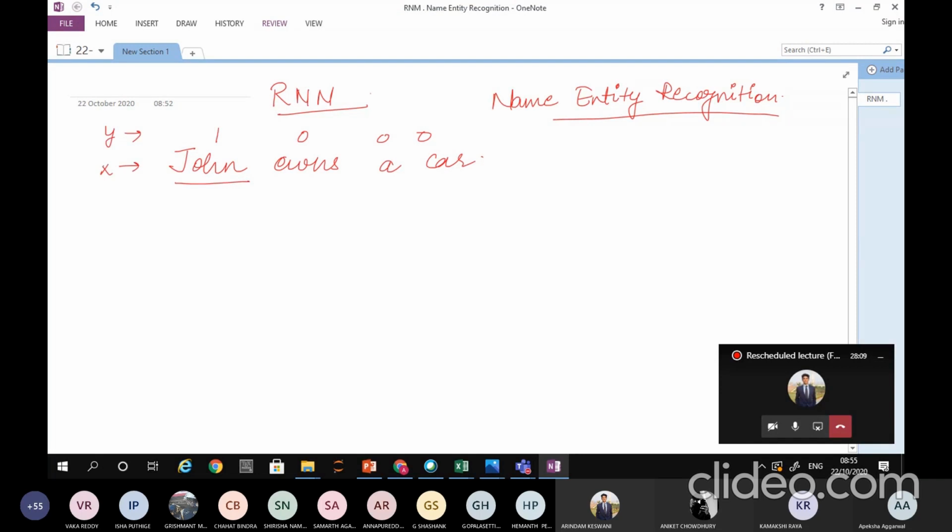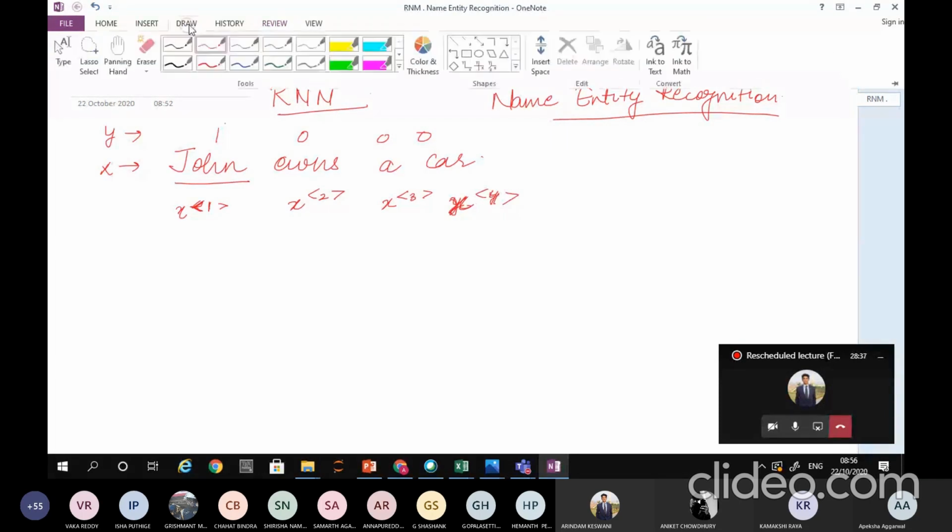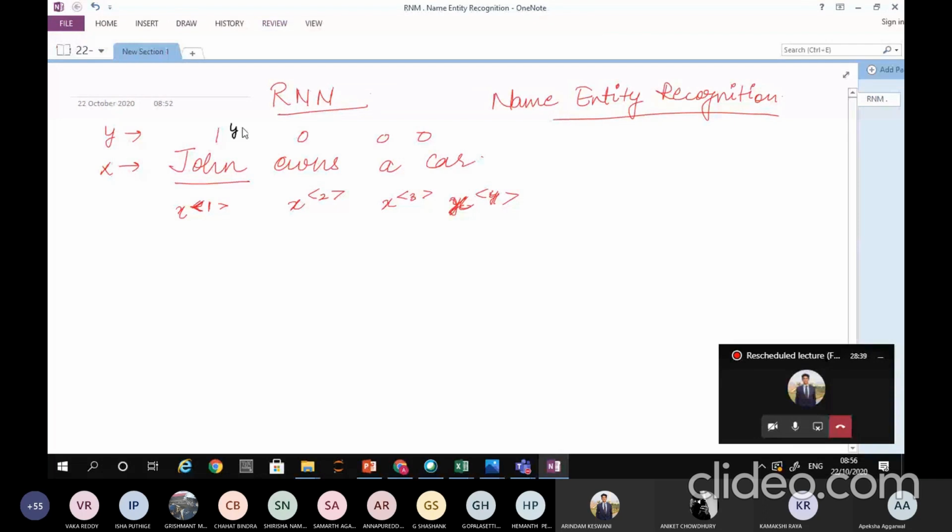Because input sentence x is a combination of words, I'll treat this whole sentence as follows: this is my x<1>, with an angular bracket, this is x<2>, this is x<3>, and this is x<4>. Similarly, for y, this one is y<1>, this one is y<2>, y<3>, and y<4>.